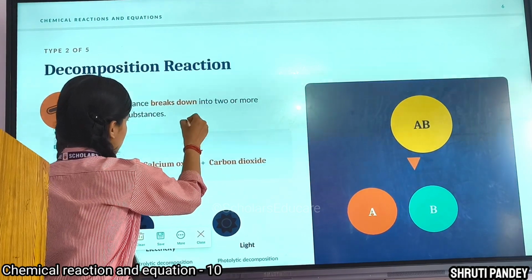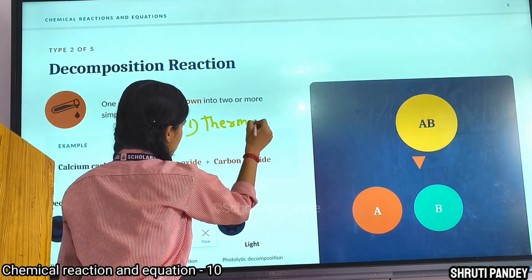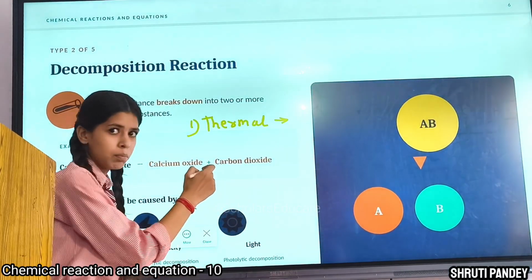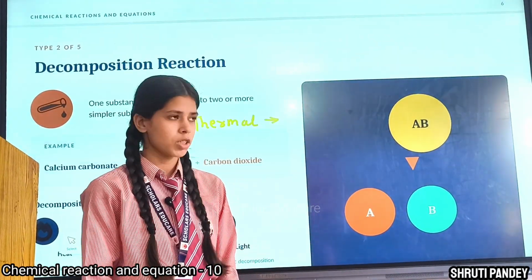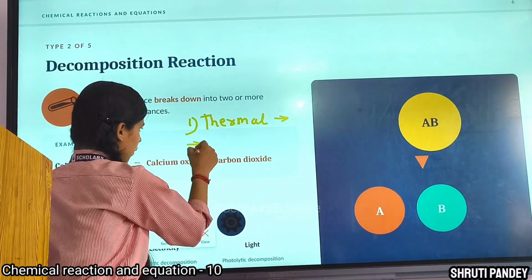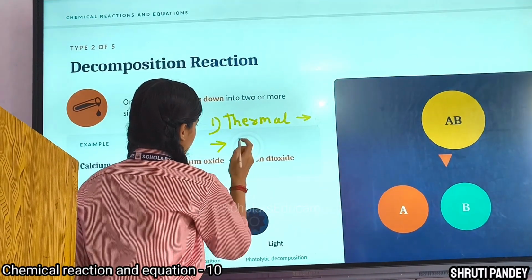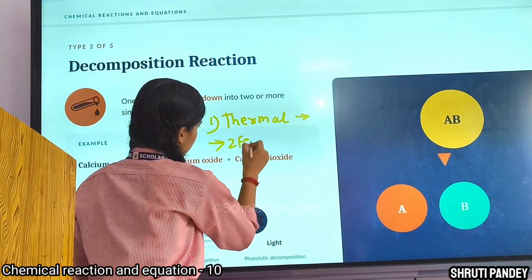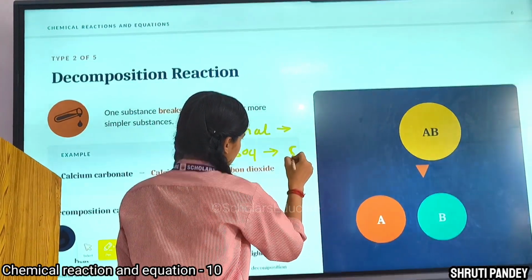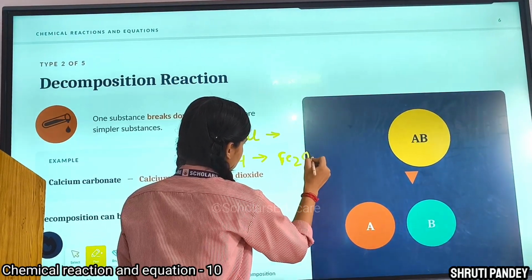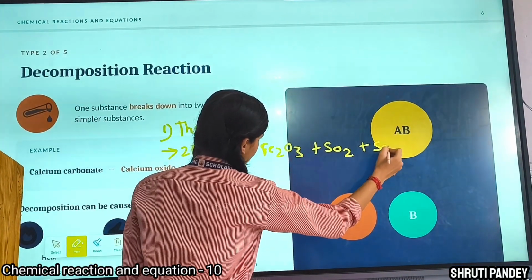So first is thermal decomposition. The word thermal means heat, so the decomposition done by heat is called thermal decomposition. So for example, 2FeSO4, ferrous sulfate, gives ferric oxide plus sulfur dioxide plus sulfur trioxide.